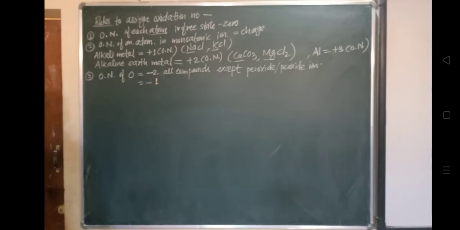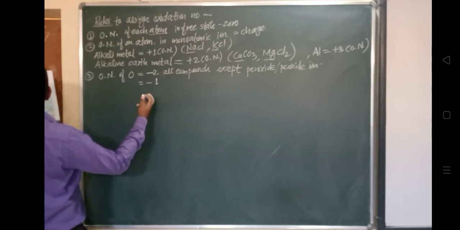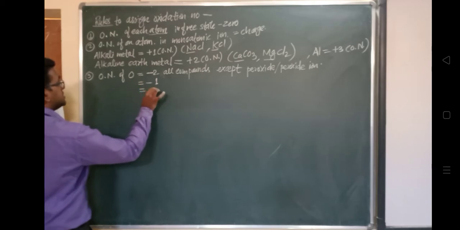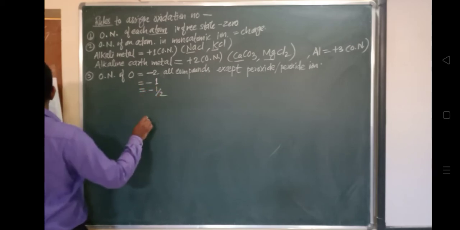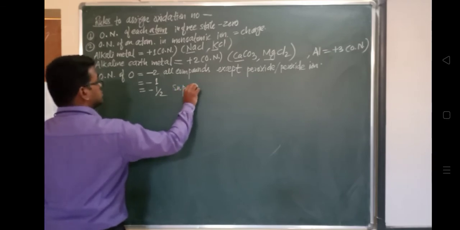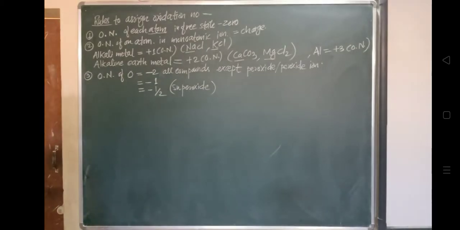And in superoxides, each oxygen has an oxidation number of -1/2. Except the peroxide and peroxide ions, mostly it will have -2.